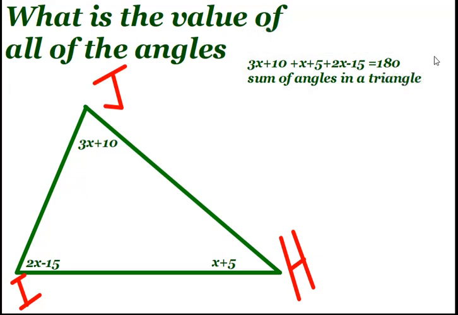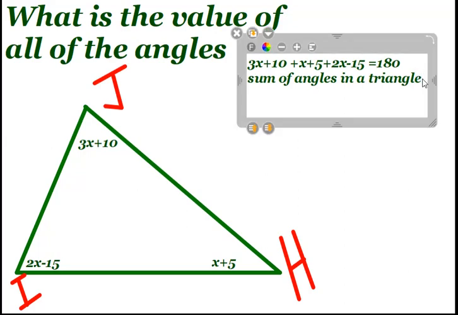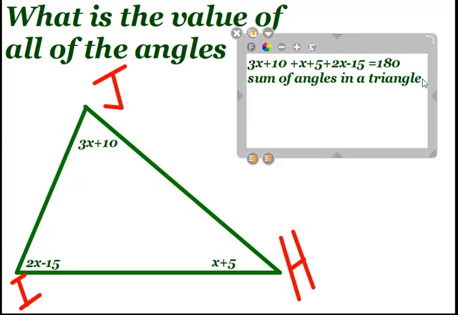Then we solve for x. So we put x's on one side, which I'm going to leave at my left-hand side. So 3x plus x is 4x, plus 2x is 6x. So 6x is equal to, let's just add everything on this side. So 10 plus 5 is 15, minus 15 is 0.